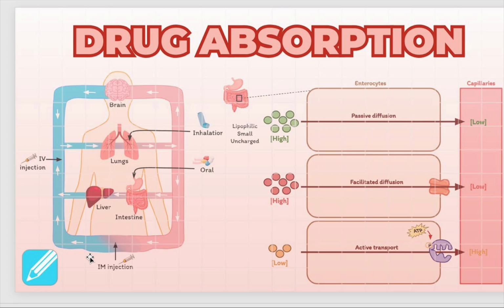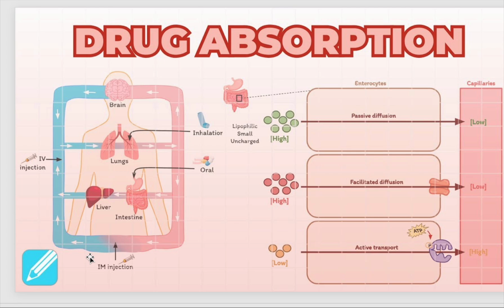Now, this influences the drug. Some drugs are lipid soluble as a function of the pH of their surrounding. Let me explain. The ionization state of a drug is decided by the pH of its surrounding. Most drugs are either weak acids or weak bases, which means they can be easily charged or uncharged depending upon the pH.